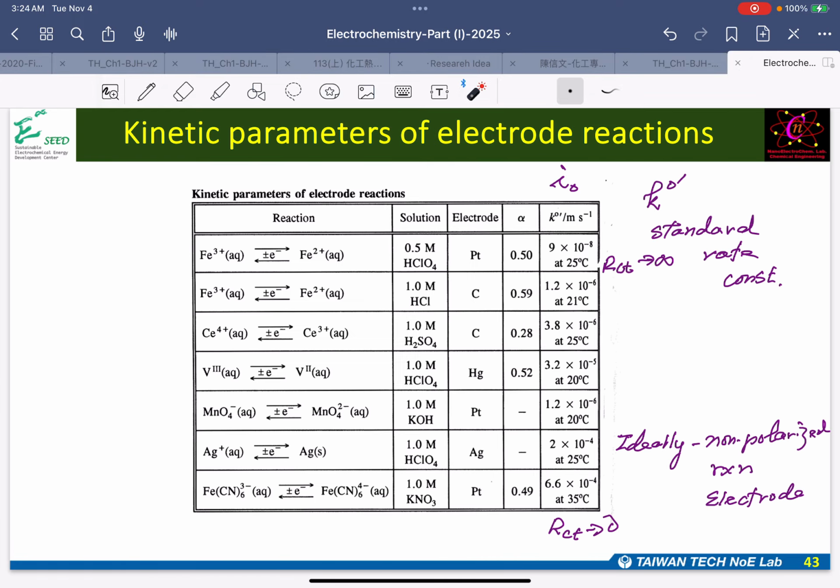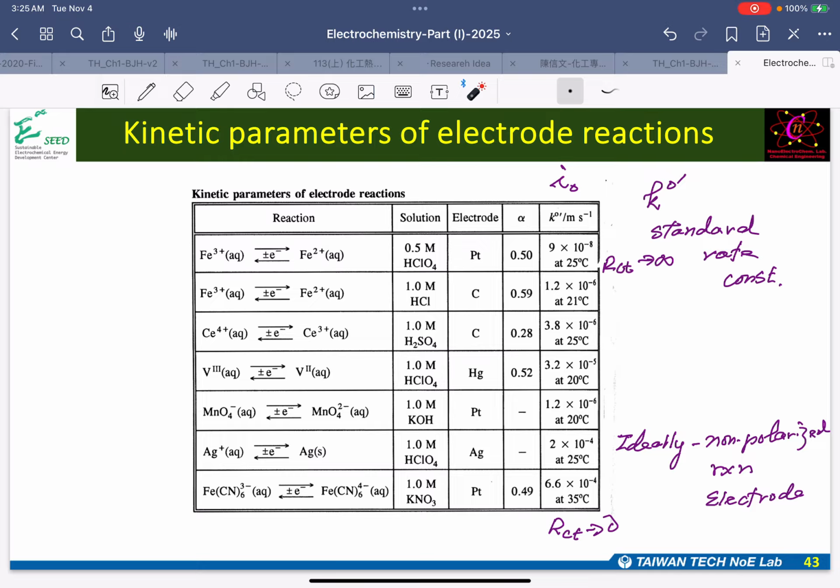So here you can see the kinetic parameter. Although this is a standard rate constant, you can see the order. Like this iron reduction, iron 3 product reduction, 10 to the power minus 8.